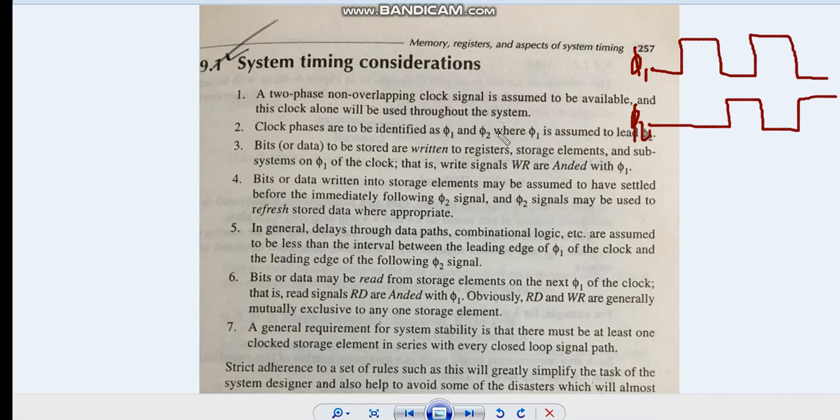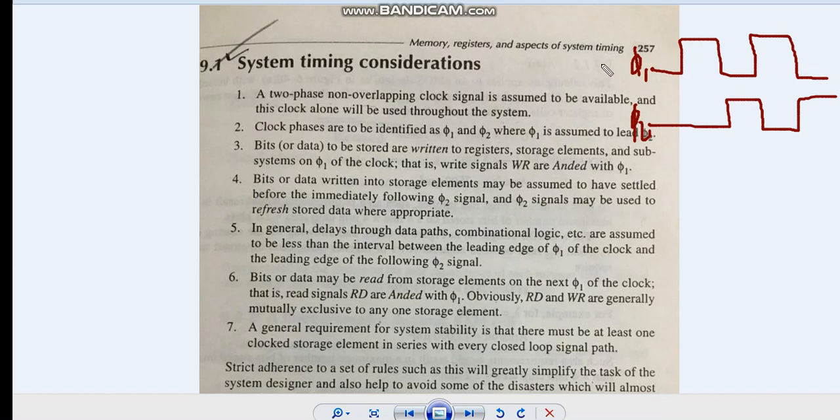Phi 1 is assumed to be leading phi 2, and these two, phi 1 and phi 2, are used throughout the system. Next, a bit or data to be stored or written to register storage elements in a subsystem is on phi 1 of the clock, that is, the write signal WR is ANDed with phi 1.